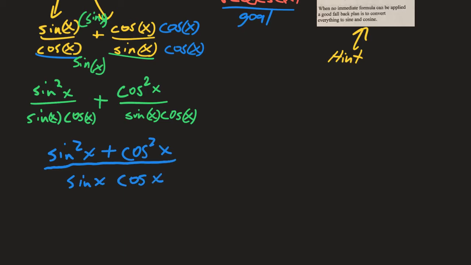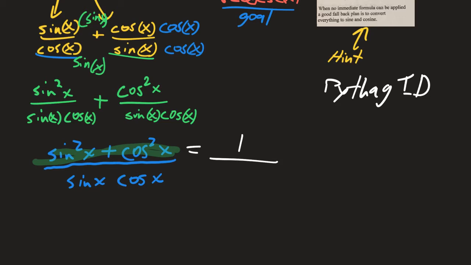And this top bit is starting to look really, really familiar to me. Does it look like one of the identities that we've been using a lot? This is going to actually just end up equaling 1 because of my Pythagorean identity. And it reads, once again, sine squared plus cosine squared equal to 1.